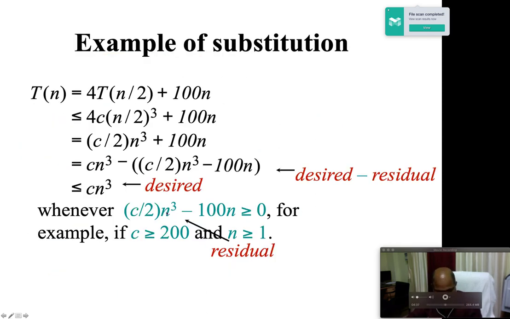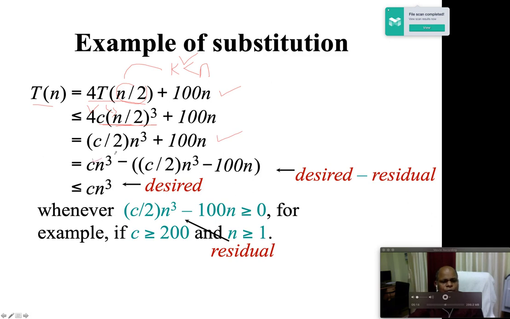Now, T(n) is equal to 4 T(n/2) + 100n. For T(n/2), you put C into (n/2) whole cubed, because you are assuming that for any k less than n, the assumption is satisfied. Hence you replace it, simplify it, and you get C n cubed by 2.